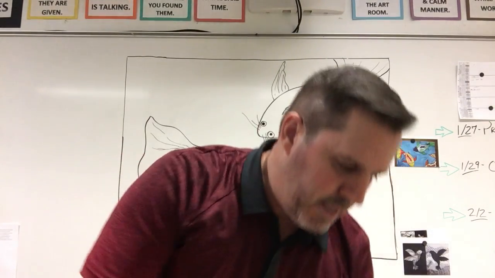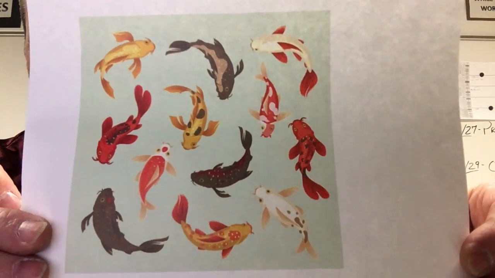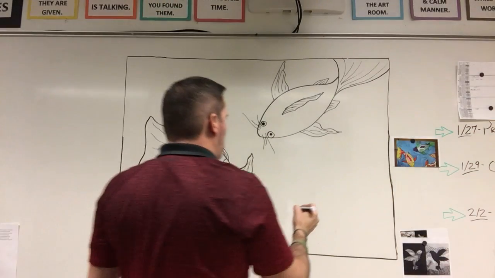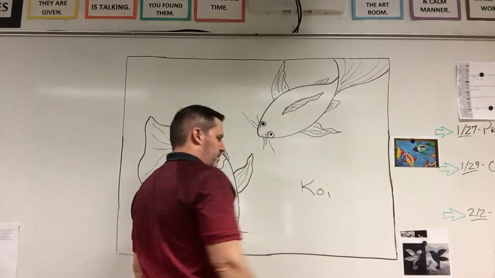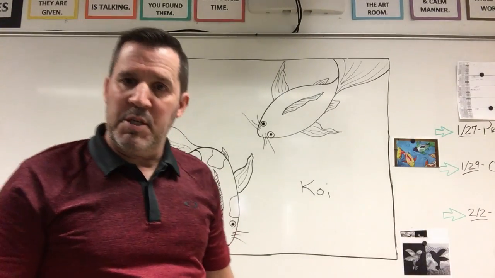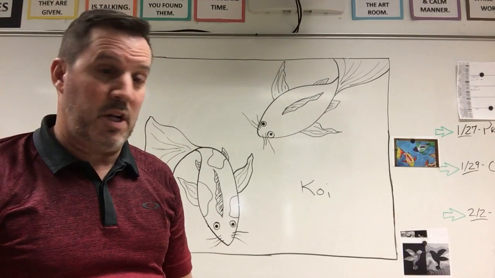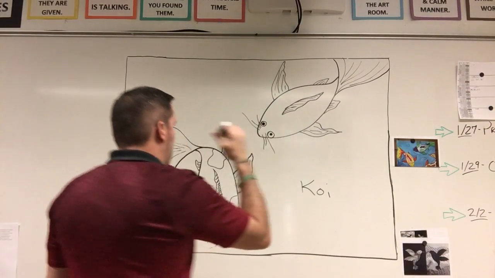Now, some of these have patchy patterns and some of them don't. I'm going to do another patchy pattern. And if you want to search Google Images or whatever, you can just search koi and you'll find so many different color combinations, and you can kind of color it based on those if you want.